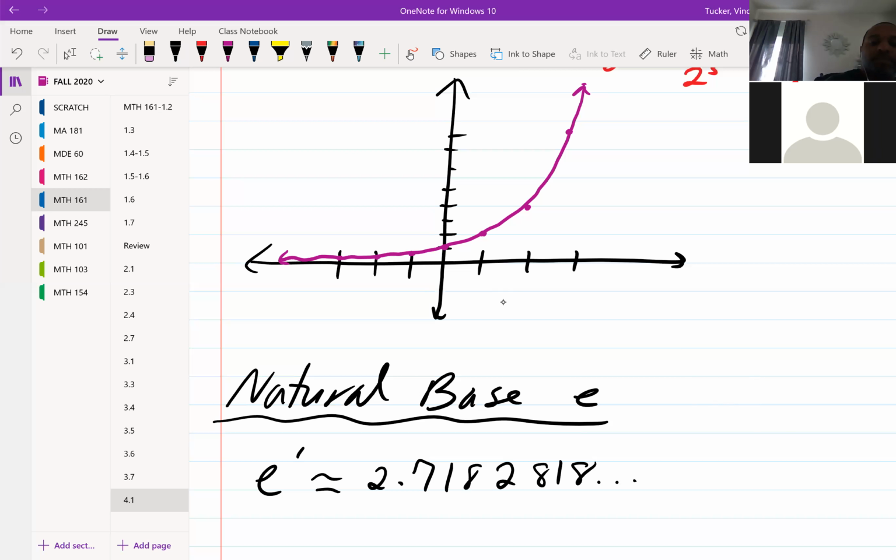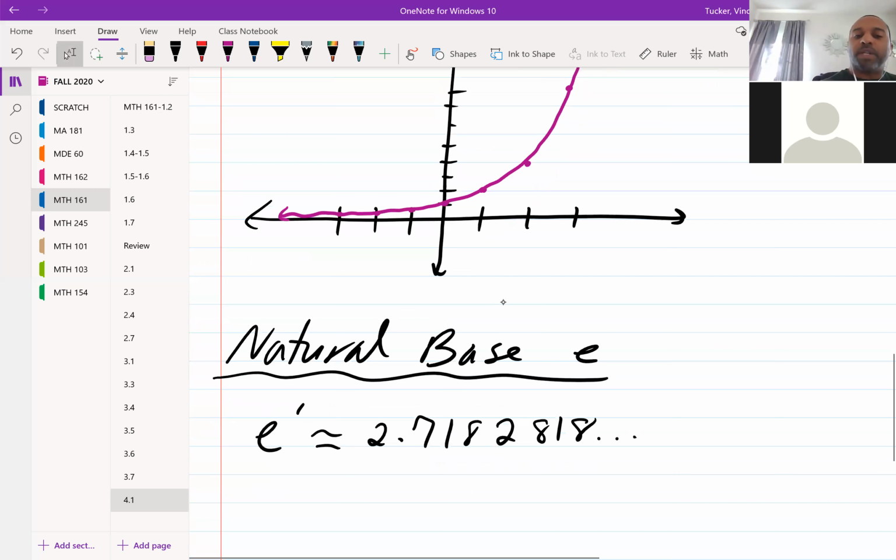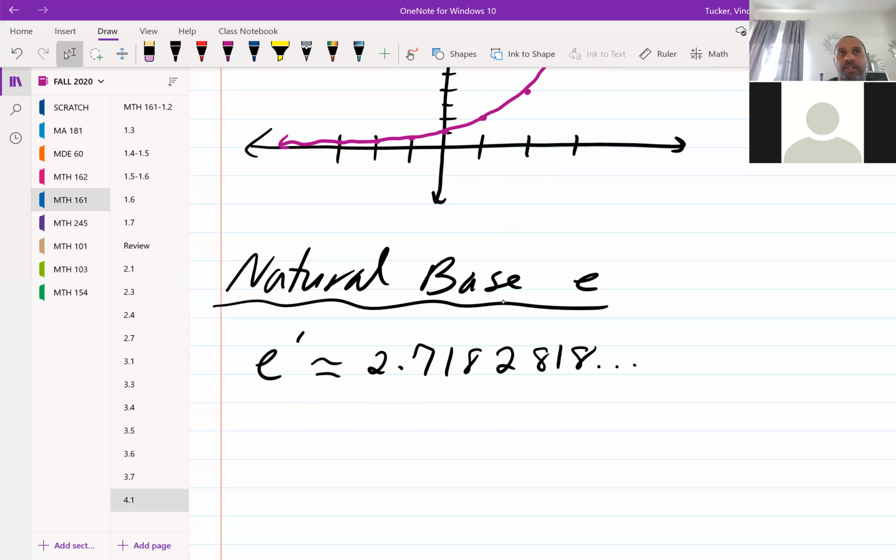Your natural base is used oftentimes when you're talking about something growing exponentially, or increasing in value quickly. Okay, they just introduced it. Make sure you can find and use that in your calculator. If not, always feel free to get with me so we can talk about the options for your calculator and see if I can help you out.